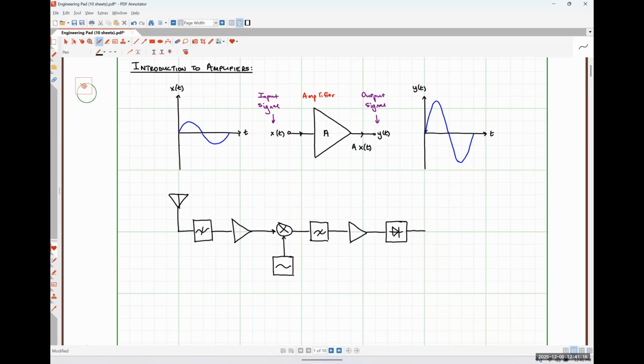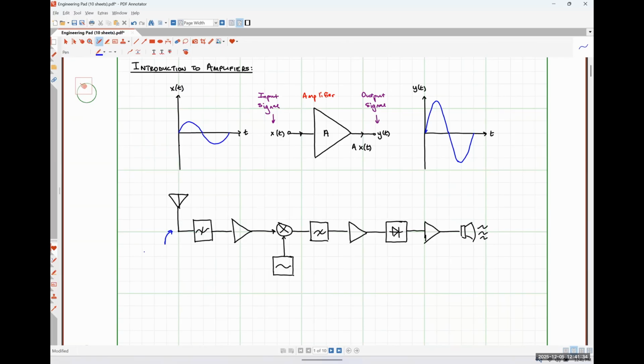Amplified a third time before the signal finally has enough power to drive a speaker.